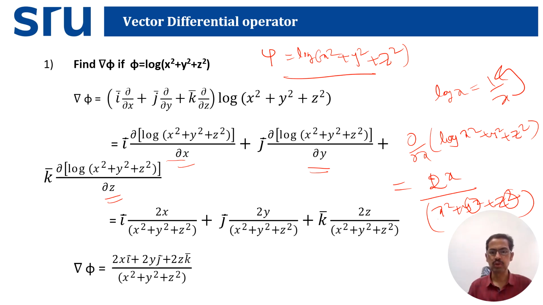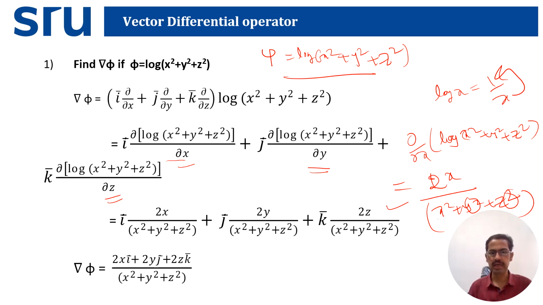So ∂/∂x of log (x square plus y square plus z square) is 2x by (x square plus y square plus z square). Similarly, ∂/∂y gives 2y by (x square plus y square plus z square). Similarly, with respect to z, 2z by (x square plus y square plus z square).